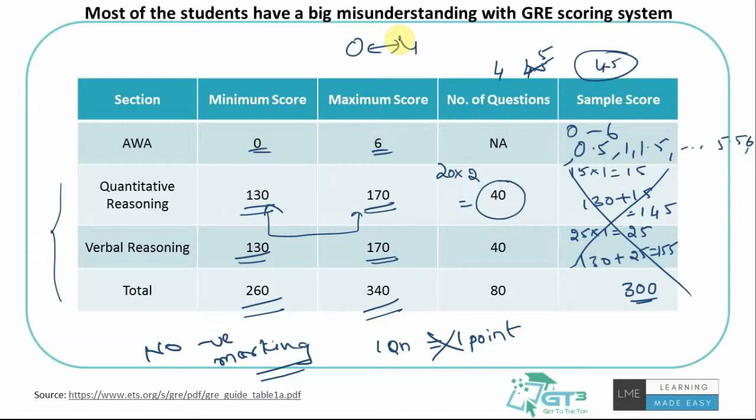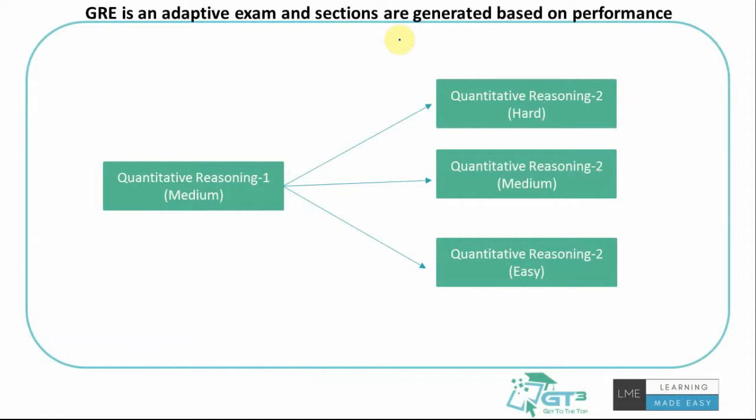So let's get deeper into the sections, the quantitative and the verbal reasoning parts, so that you understand how the scoring system works. Let's look at the quantitative reasoning section. The first thing you need to understand is this: GRE is an adaptive exam. Based on how you perform in the first section, the second section is generated differently for each candidate. So the first section would be a medium section. That is, the difficulty level of the questions would be at a medium level.